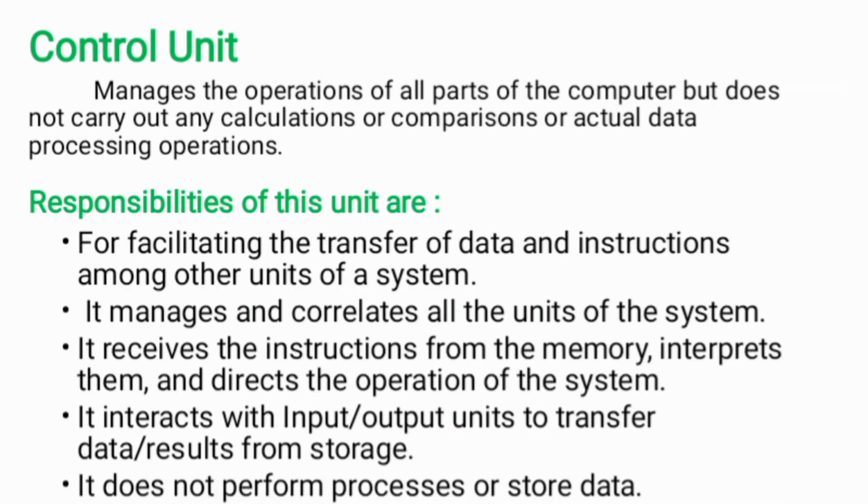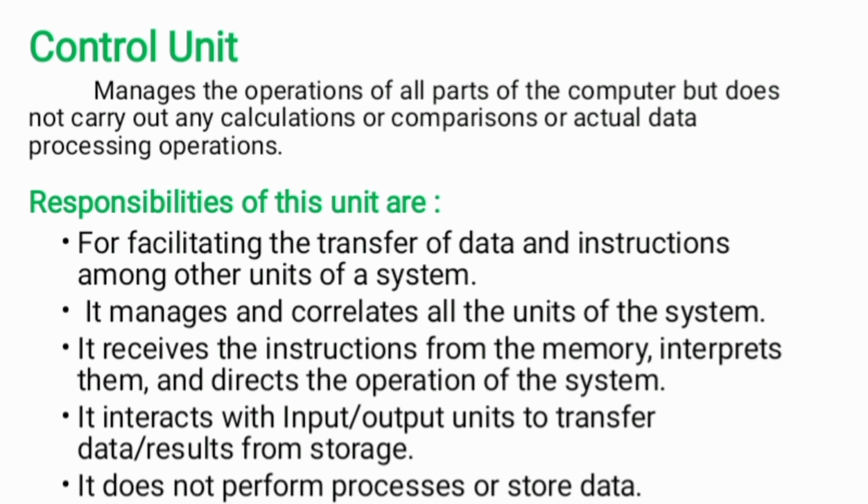Next, control unit. This unit manages the operations of all parts of the computer but does not carry out any calculations or comparisons or actual data processing operations. Some of the responsibilities of this control unit. First, facilitating the transfer of data and instructions among other units of a system.